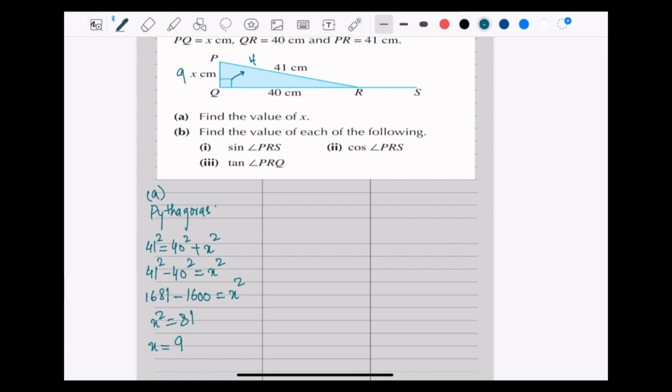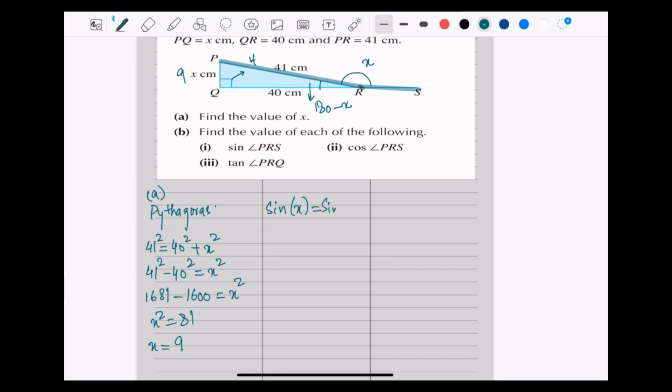Now the next step is to find sine of PRS. So this is what they're talking about, this big angle. Let's call this angle x. The inner one will turn out to be 180 minus x. So I need to find sine of PRS, which I already named as x.